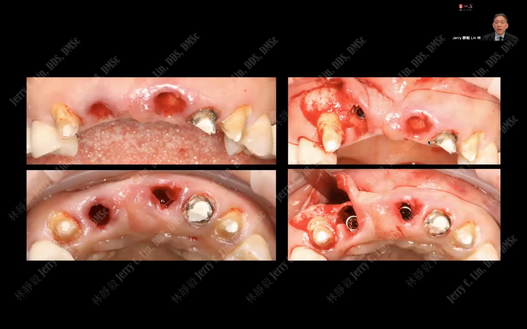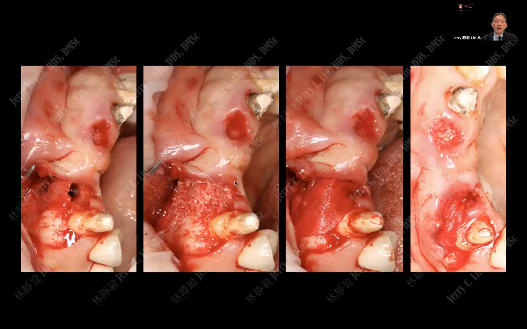Those two teeth were extracted, and implants were placed, leaving a good jumping gap for grafting. And this is the buccal plate fenestration. So I reflected this flap to bone graft the fenestration, augment the implant site, and cover with membrane.